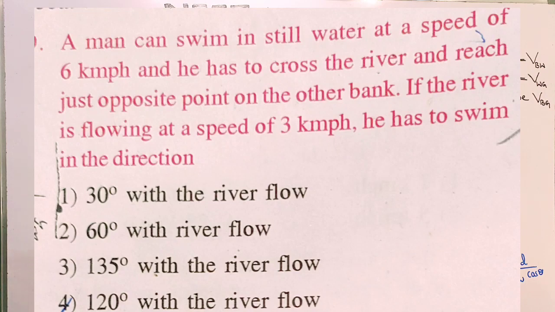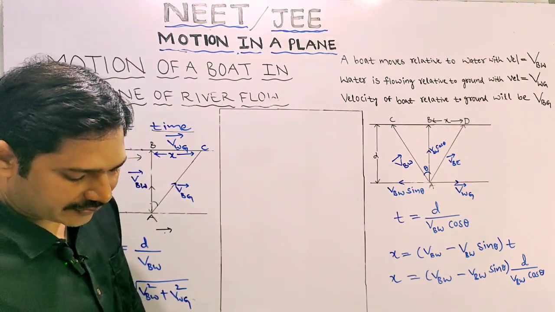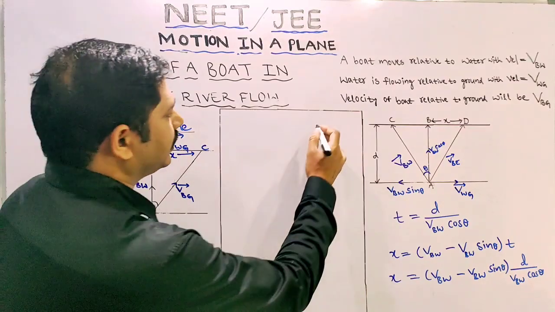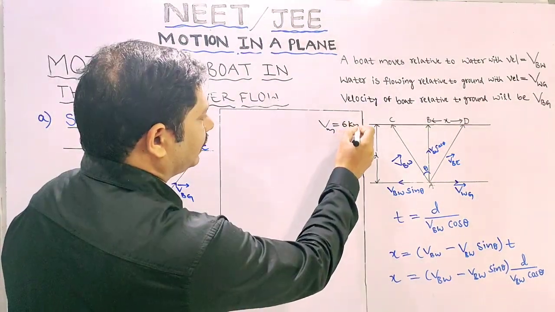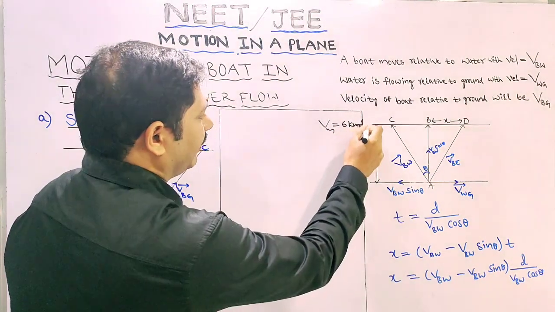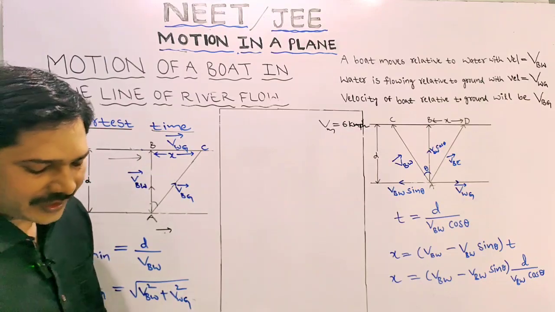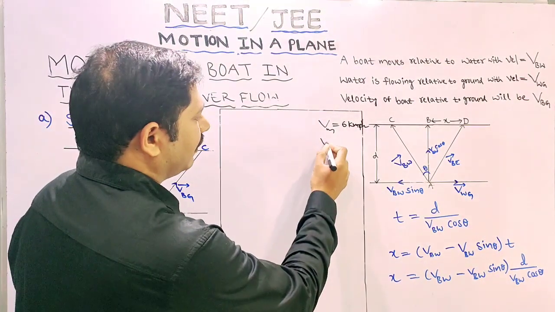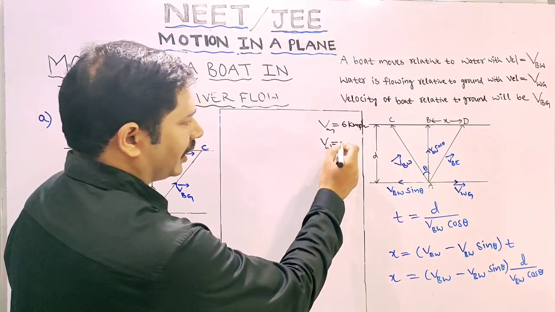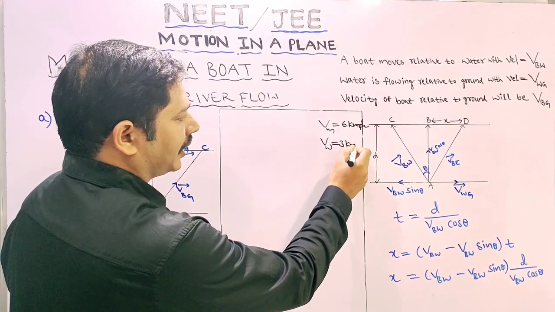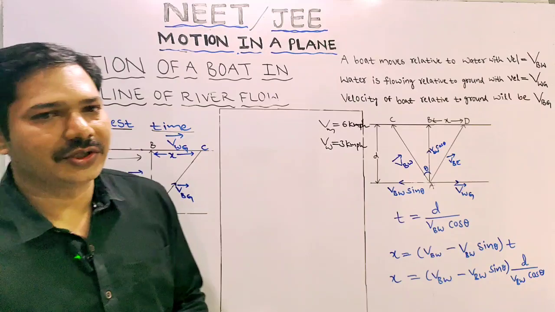Listen here, what they have given. The speed of the man is given as 6 km per hour. And the river water velocity I am taking as 3 km per hour. They are asking what angle he should aim.